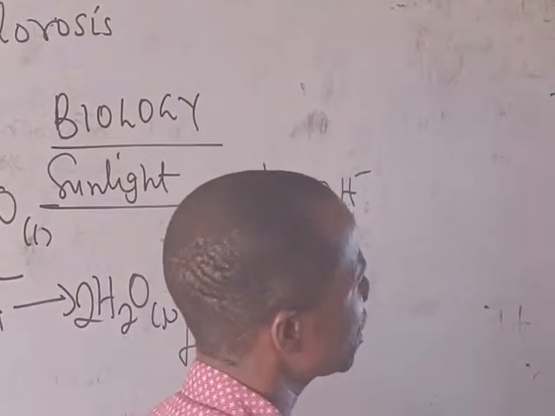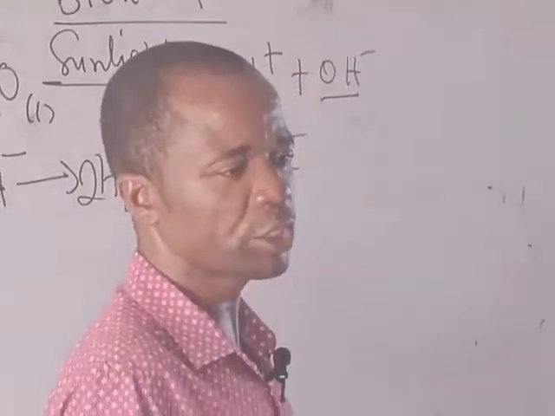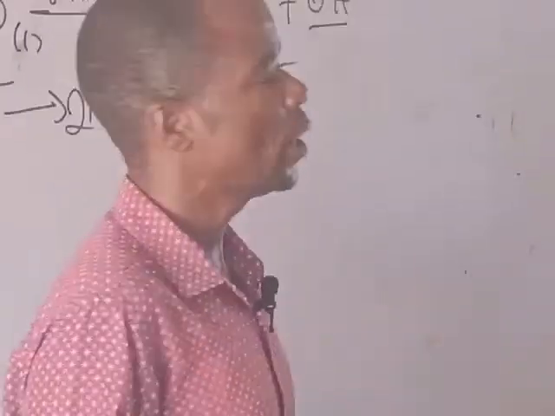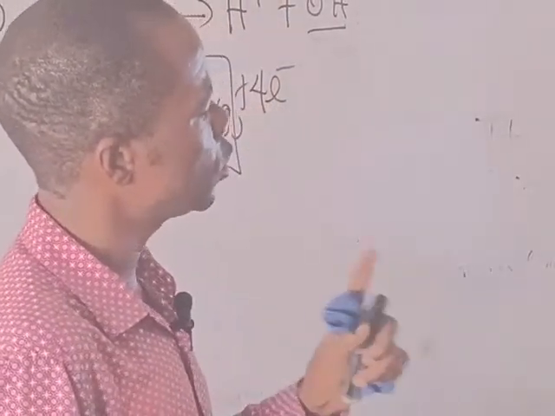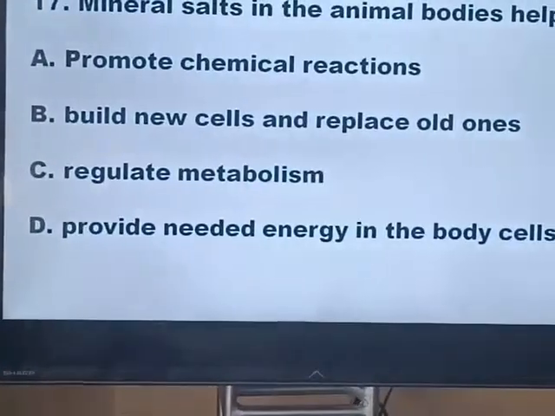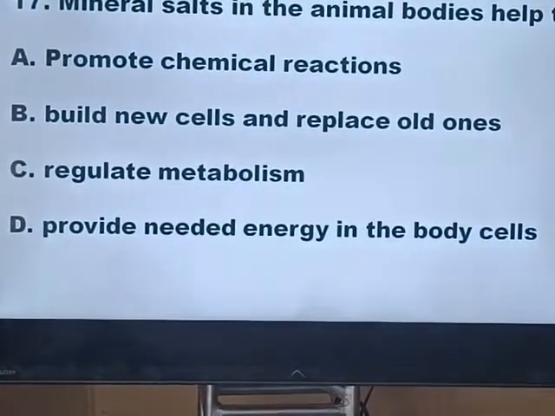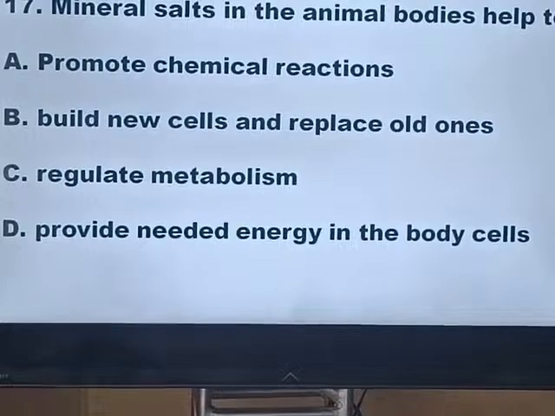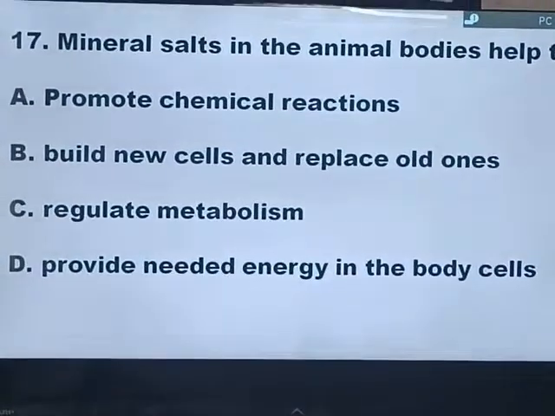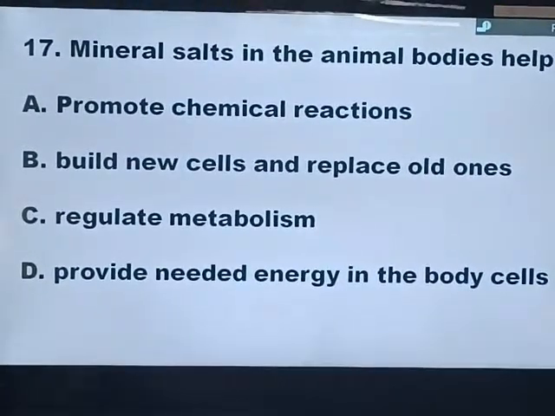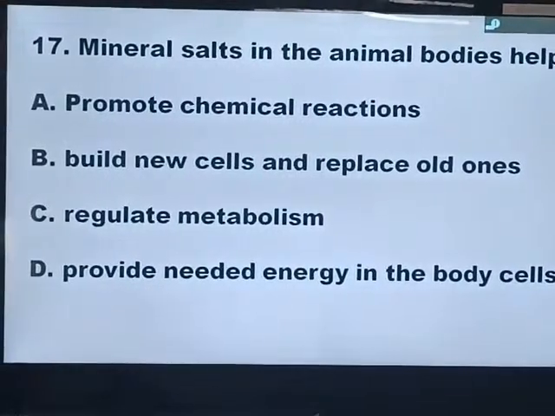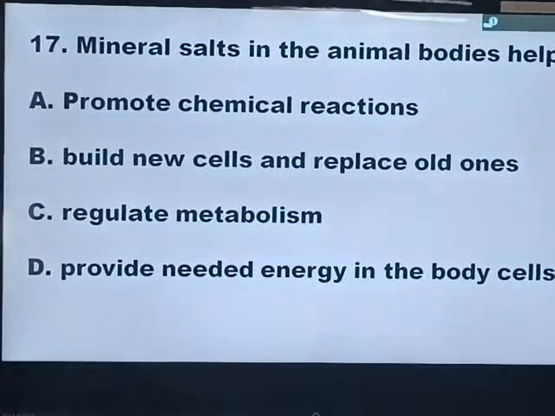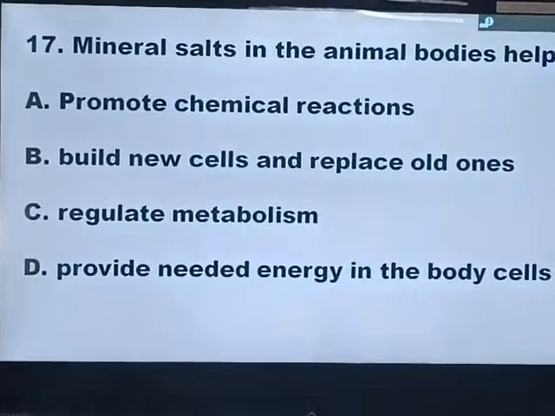So the question is asking us, these minerals that I've mentioned, calcium, iron, fluorine, iodine, what do they do? Mineral salts in the animal bodies help to dash: A, promote chemical reactions, B, build new cells and replace old ones, C, regulate metabolism, and D, provide needed energy in the body cells. So looking at these options, the appropriate one to choose would be to promote chemical reactions. Because if you look at option B, that's the function of protein, isn't it?